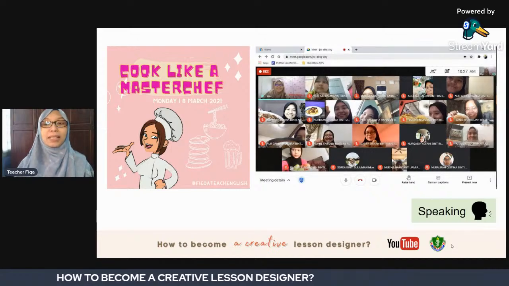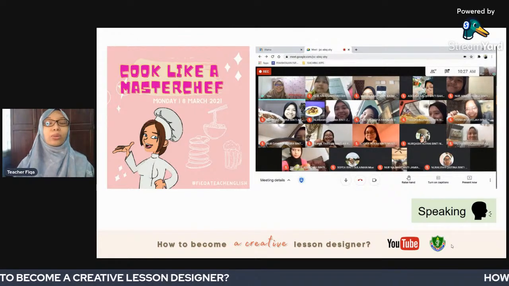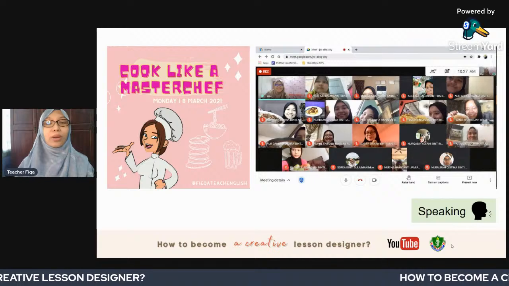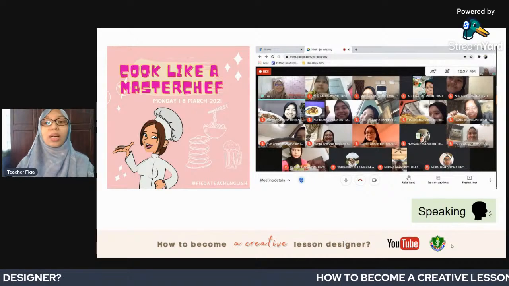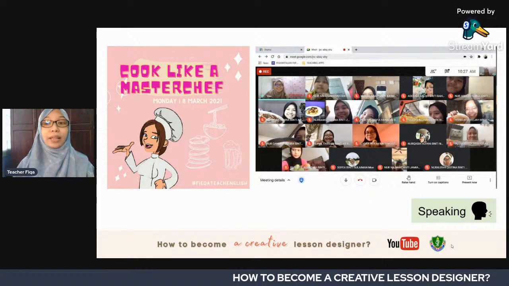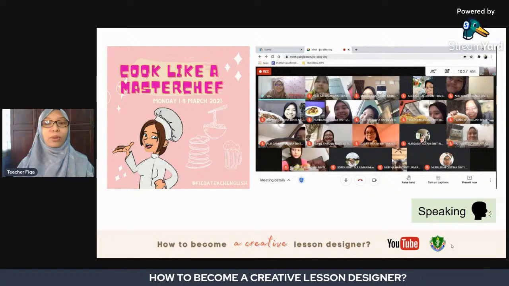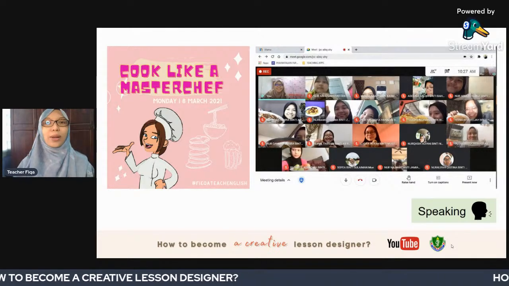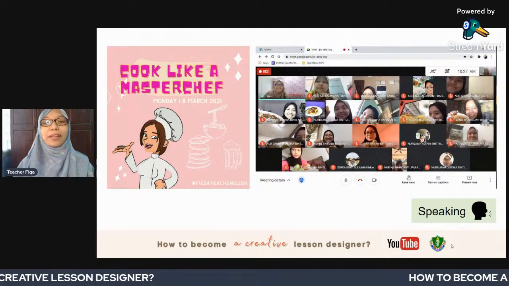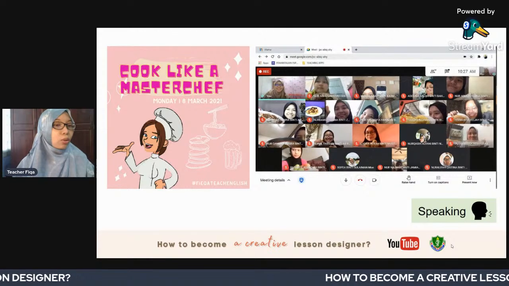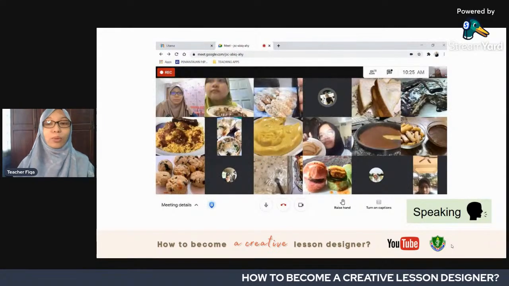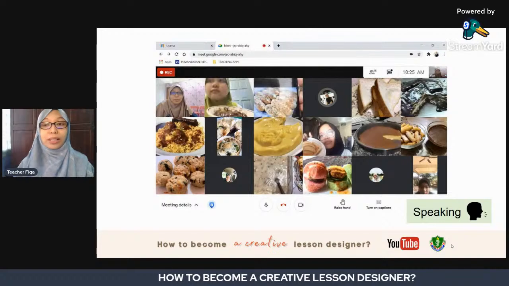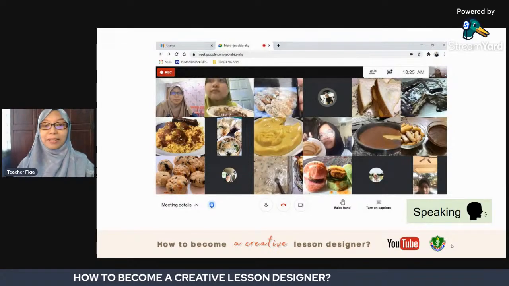In these sessions, the students learn how to explain the cooking procedure, and they also need to use useful vocabulary related to the topic of food. It was so fun actually to see them cooking at their homes, and I hope their moms didn't get angry if the kitchens were messy. So see, these are some of the pictures of the food that they made during the lesson. They're so yummy, right?